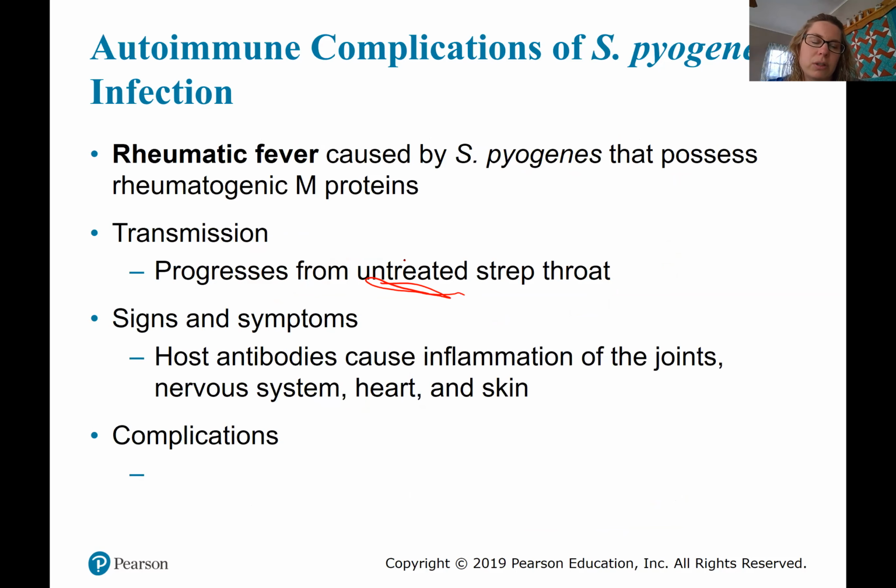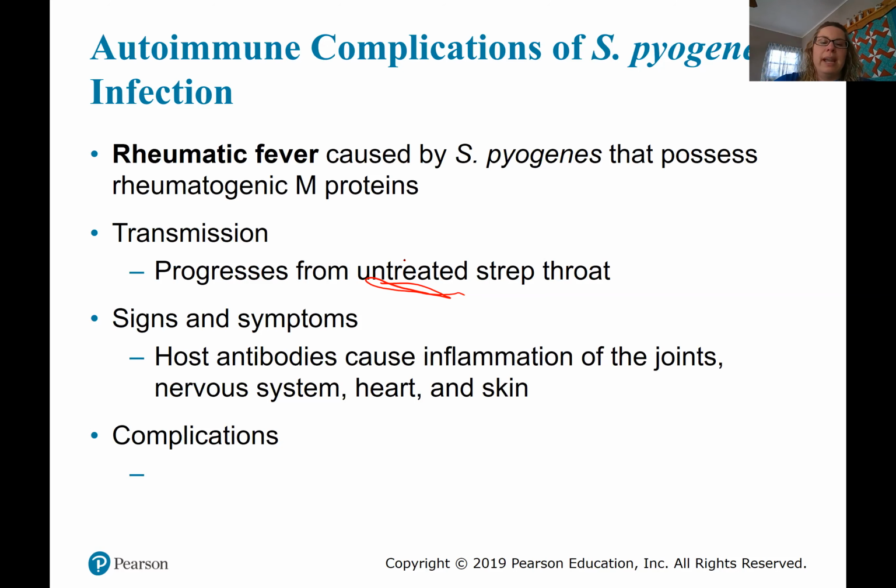It progresses from untreated strep throat, so that's why we needed to have our daughter on antibiotics, because even though her throat felt better, the bacteria still could have been attacking her body through that autoimmune reaction.